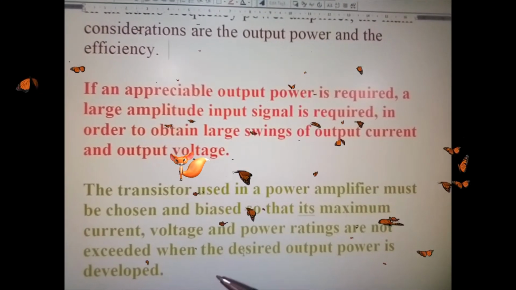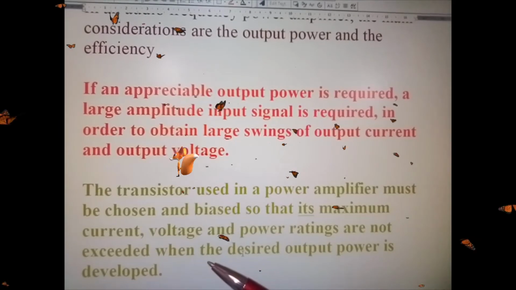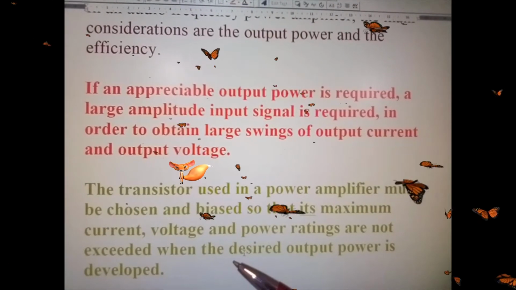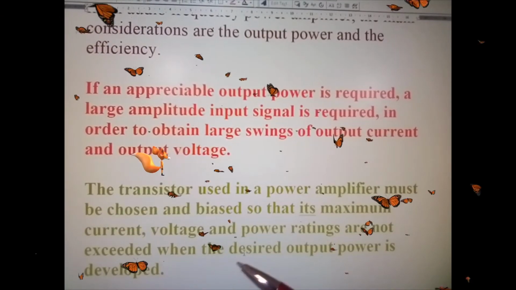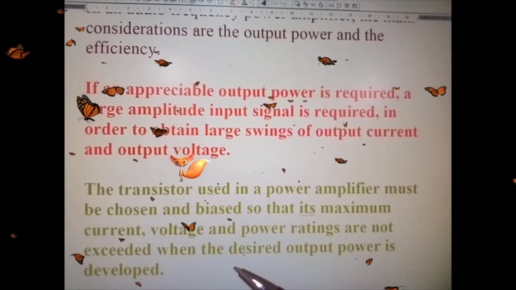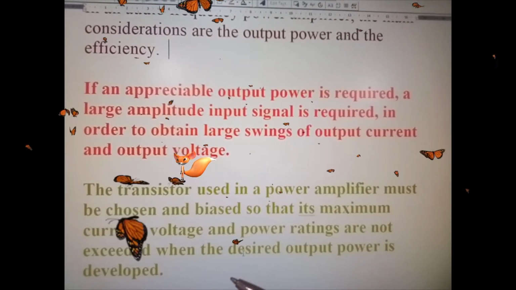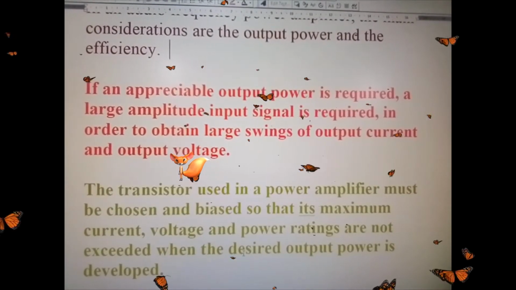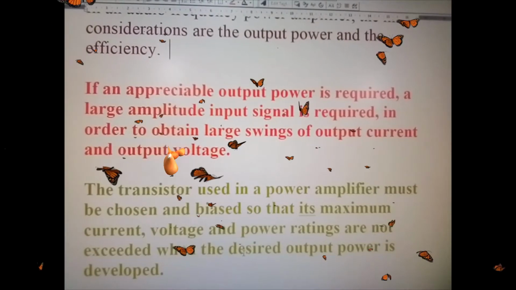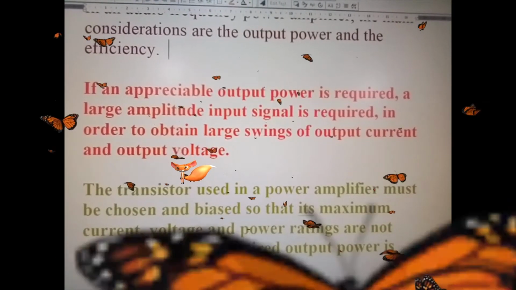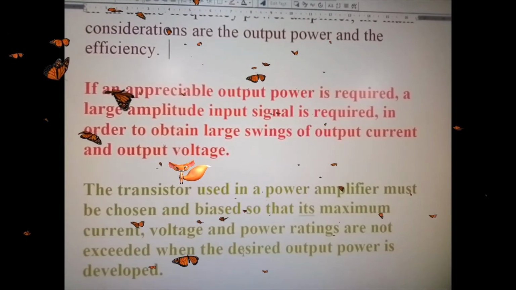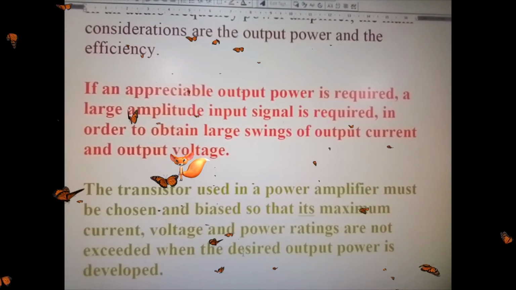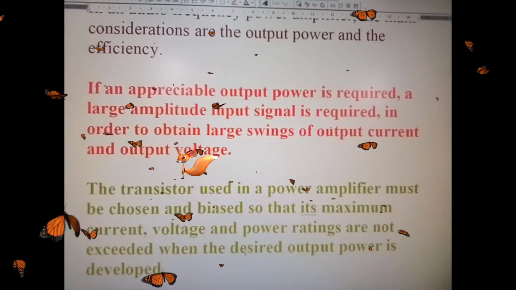What we're saying here is simply that you need to make sure that the transistor that you're going to use can handle the output power that you want to draw from it. There's no point having a transistor that delivers 2 watts when you are actually looking for 10 watts. That simply means that you will overdrive the transistor and it would be completely useless to you because it will break down. So be aware of that.